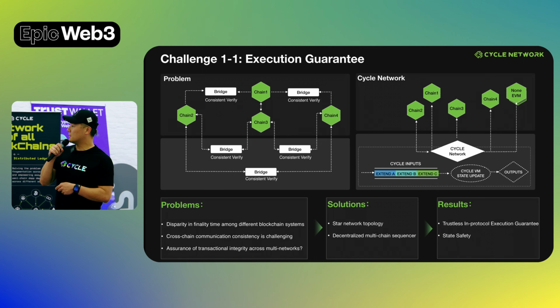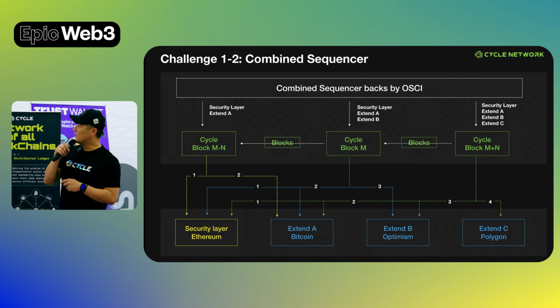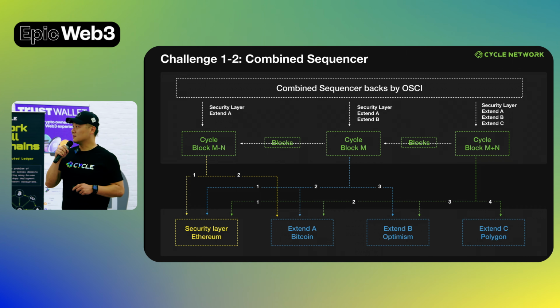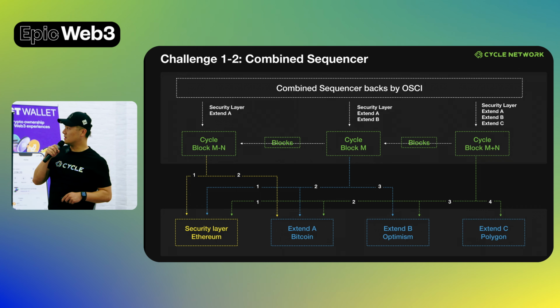About the sequencer, I'm going to talk a little bit more. The combined sequencer is backed by the indexer I mentioned. The first block is the security layer on ETH plus the extended A on Bitcoin, then the next one adds extended B, and then adds EC. That reaches the global state view of all blockchains.